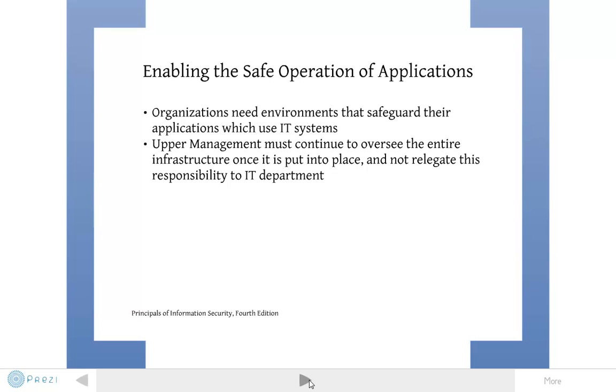Yeah, so something with a C in front of it, some kind of a chief, right? Chief financial officers or chief, the other chiefs, CEO, chief executive, thank you, officer. Yes, so the upper management must continue to oversee the entire infrastructure when it's put in place.